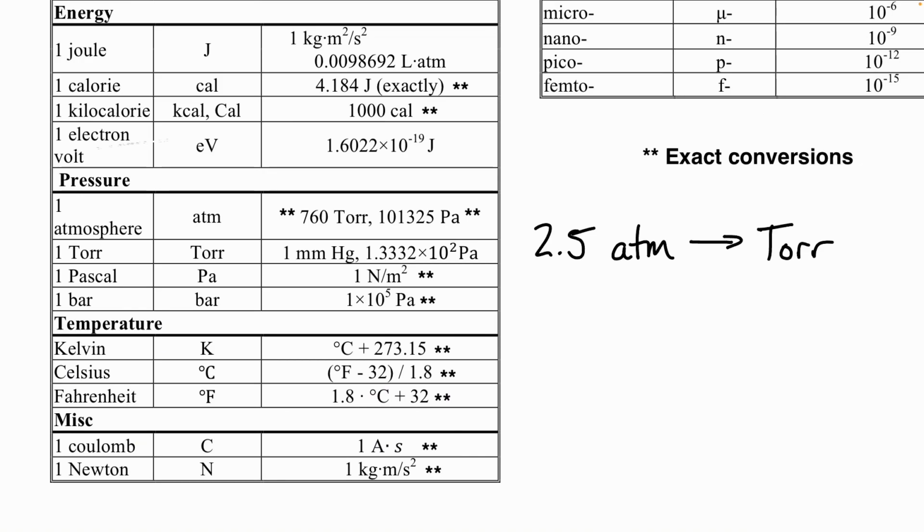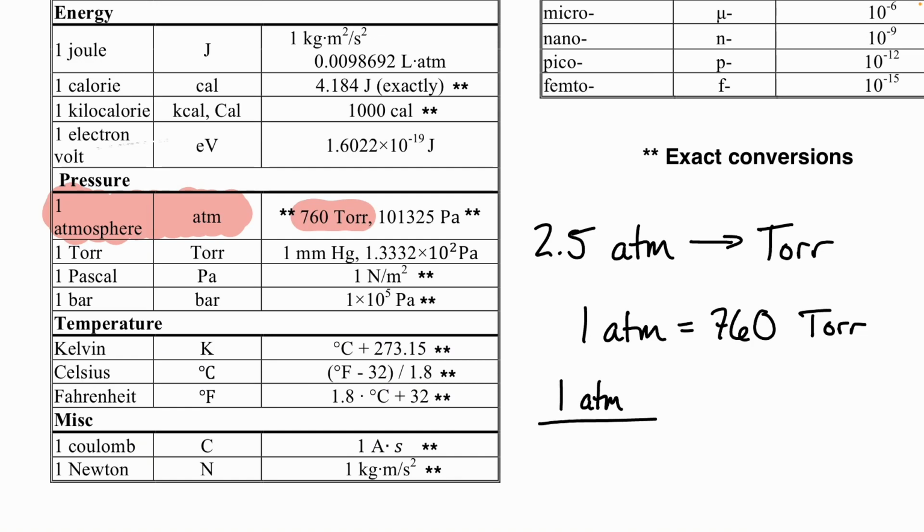So I'm going to use my fact that 1 ATM is 760 torr. Right? I can build my unit conversion where I stack one side on the other. Or I can take it and flip it around.